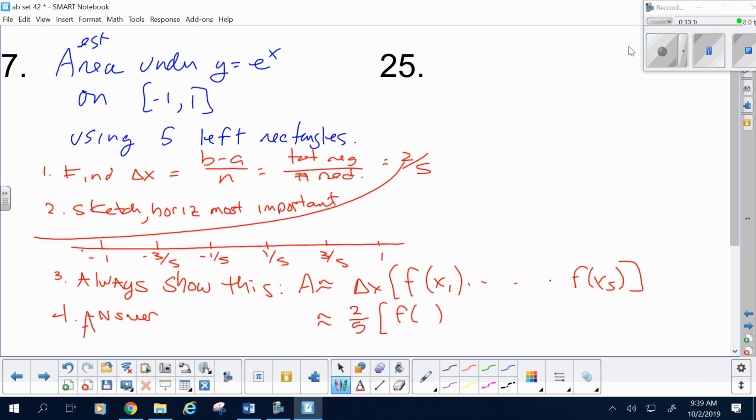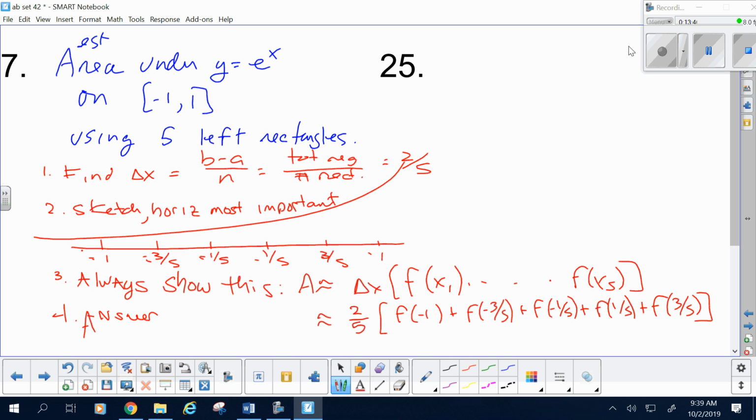If we're using left, then we start by using f at -1 and -3/5. Should I have all 6 of those numbers? No, I should have 5 because there are 5 heights, 5 rectangles, all right? So I'm not going to use all of those.